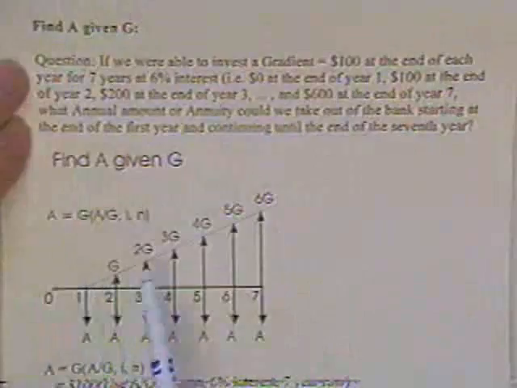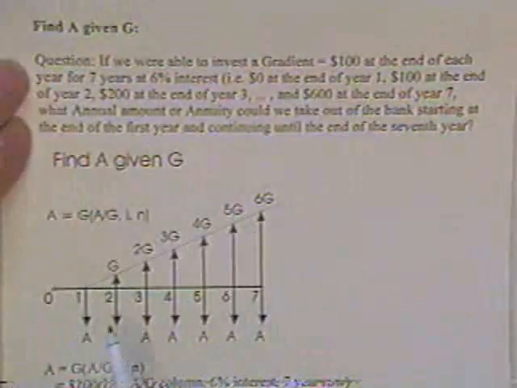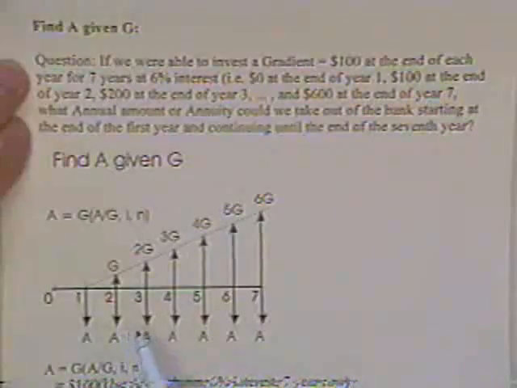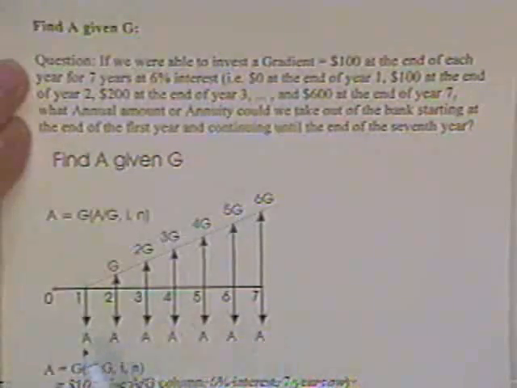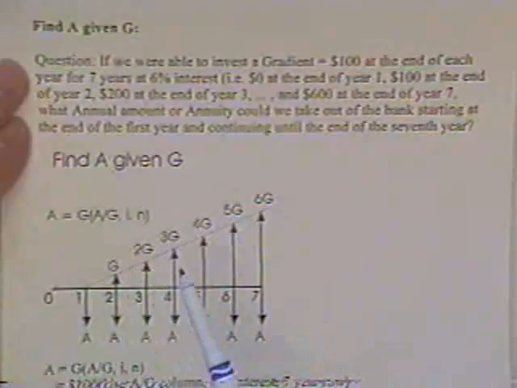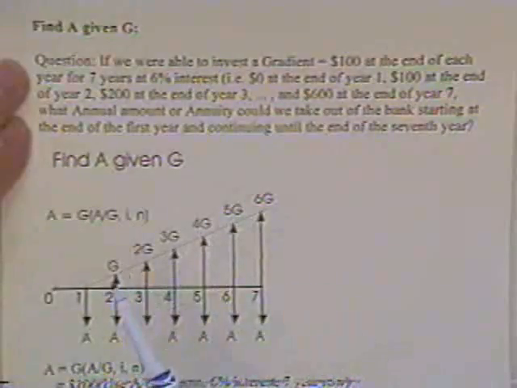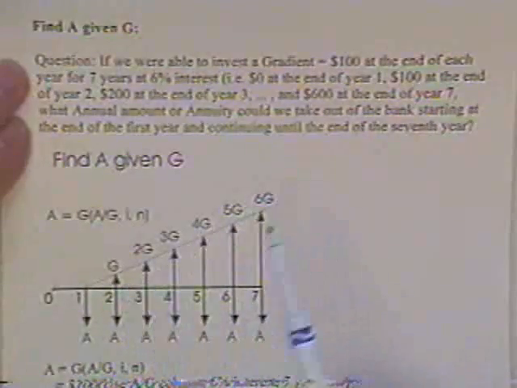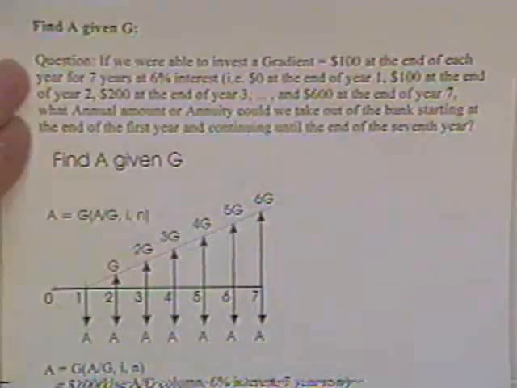In other words, what money would I have to put into an investment to be able to withdraw a constant amount? If I go to the bank and I say, look, I really need this money to be withdrawn from your bank. I'm going to make a pot full of money, and I will be able to put money back in your bank on a regular basis, but I won't be able to give you much at first, but at the last, I'll be able to give you a whole pot full of money.